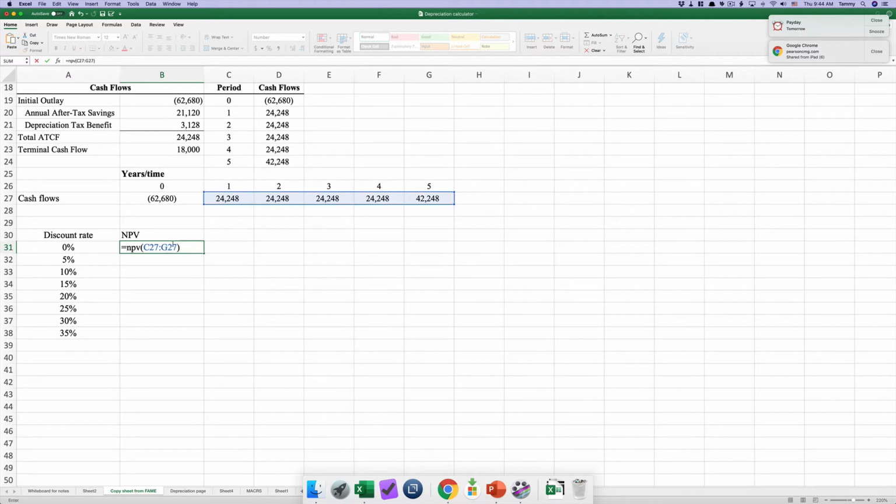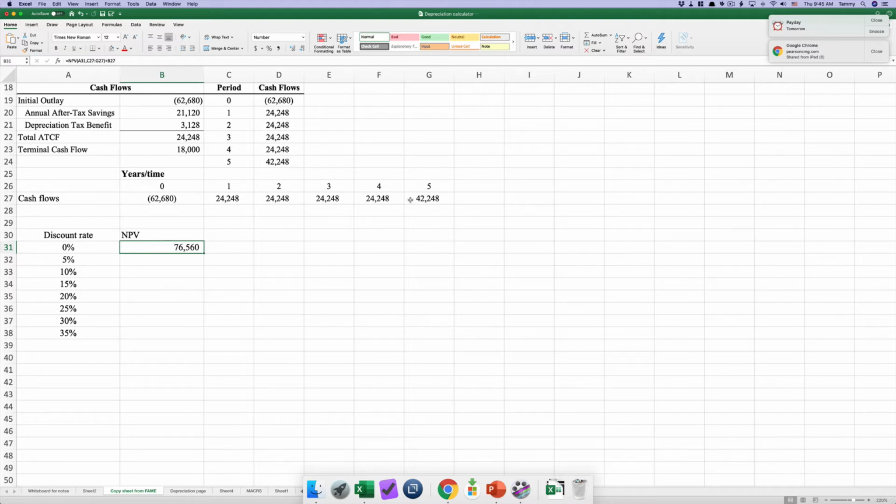And of course we have to remember that the first argument in the net present value function is the discount rate. And then we subtract that initial cash flow, which in this case mathematically is to add a negative. Right, so that gives us a net present value of $76,560 at a zero discount rate.